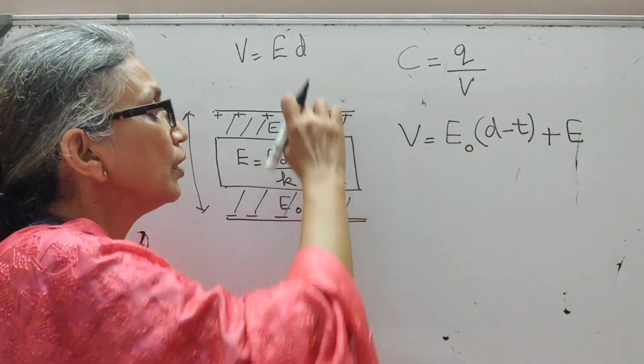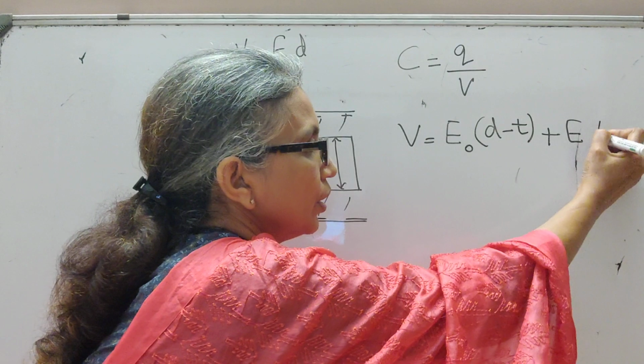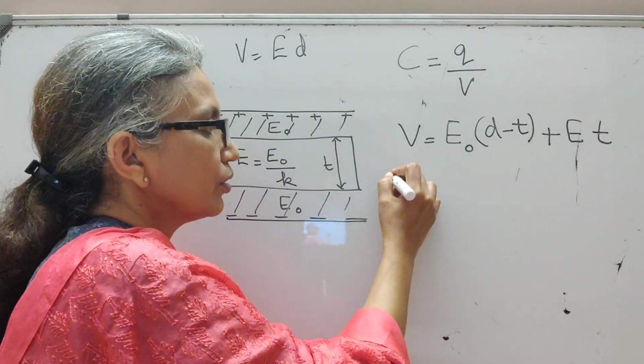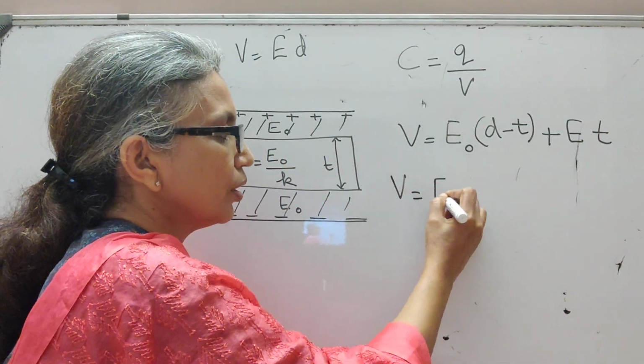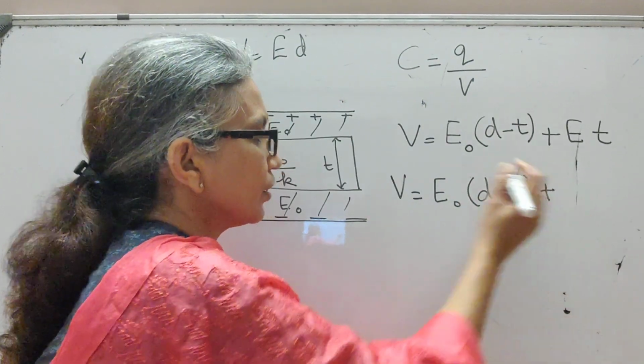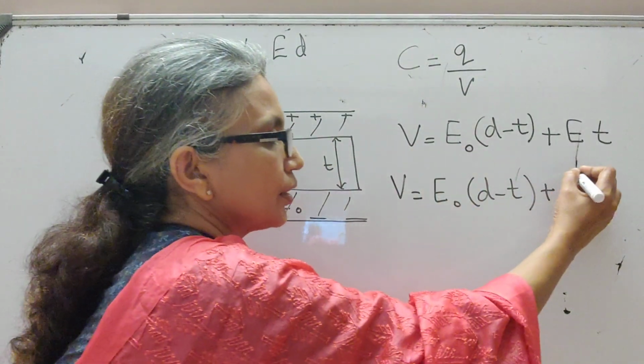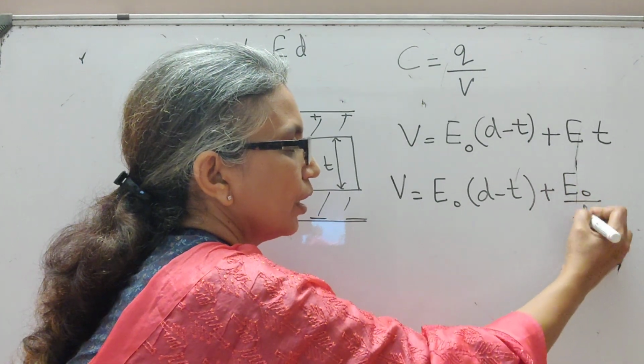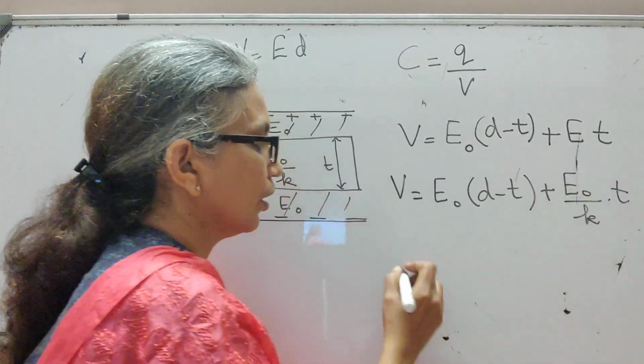So in this formula, the distance is t, so E into t. So V here is equal to E naught into d minus t plus, instead of E I may write it as E naught by k into t.